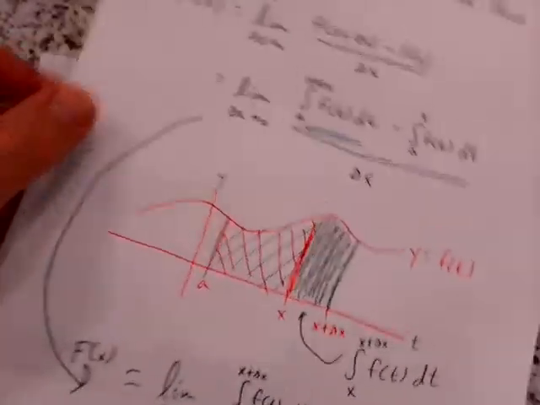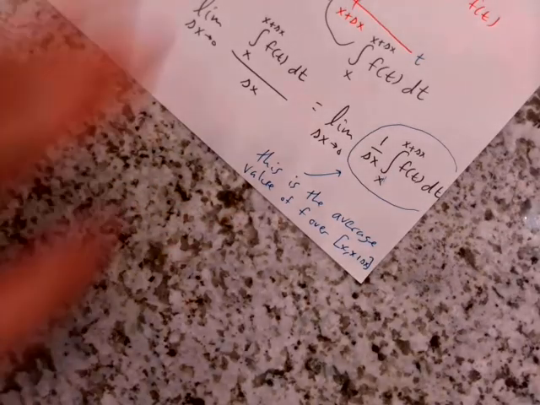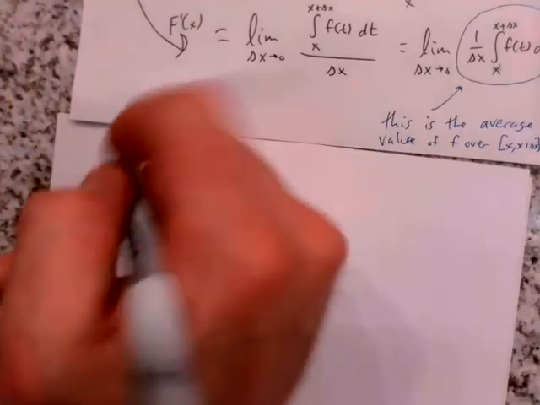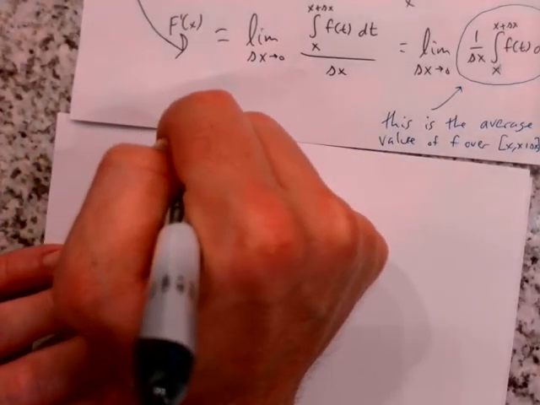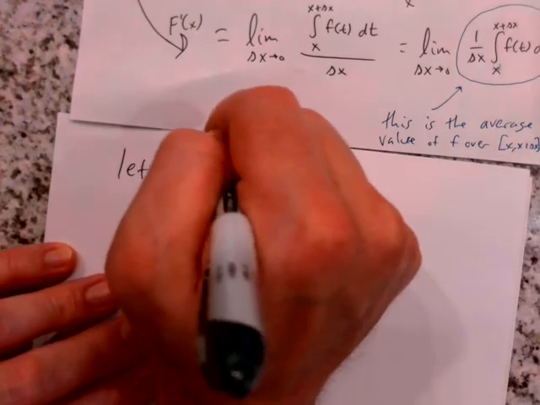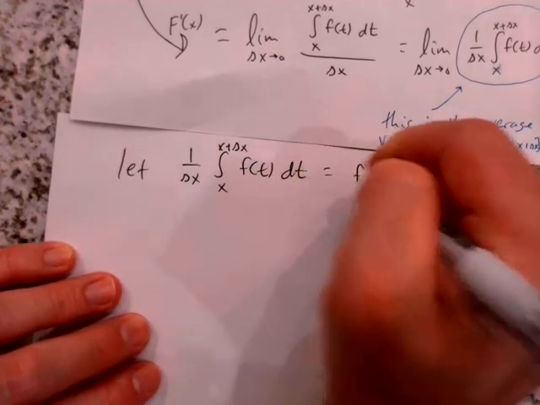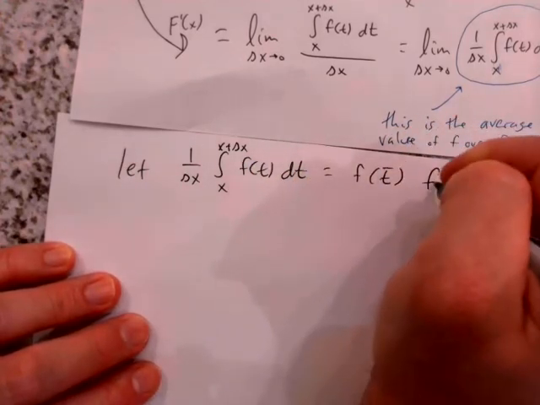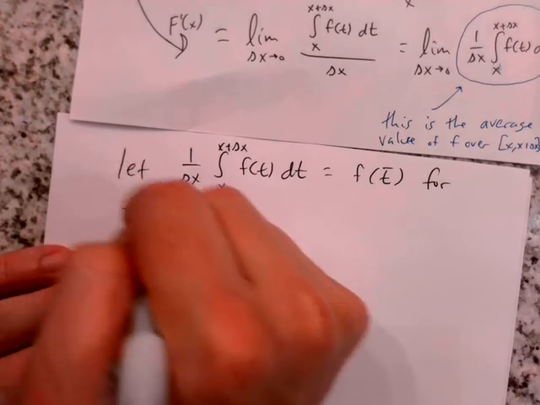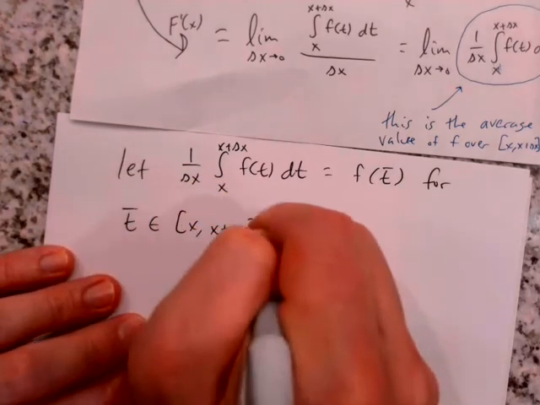So, continuing our proof, let 1 over delta x times the integral from x to x plus delta x of f of t dt equal f of t bar for some value t bar in the interval x to x plus delta x.